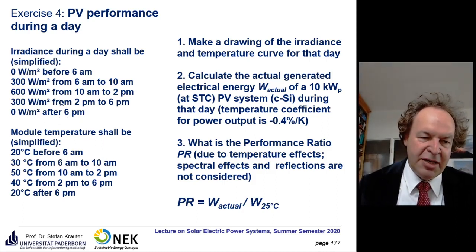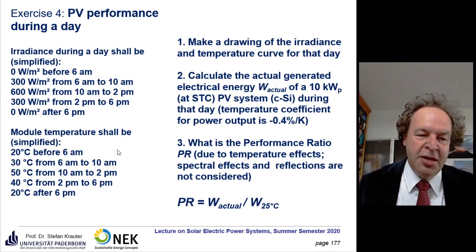So that's a profile, and according to that, you have to consider that in your performance of a PV module. But we also have to consider the temperature profile during that day. So before 6 a.m., we have a temperature of 20 degrees Celsius. Then the temperature starts to rise. It's module temperature, not ambient temperature.